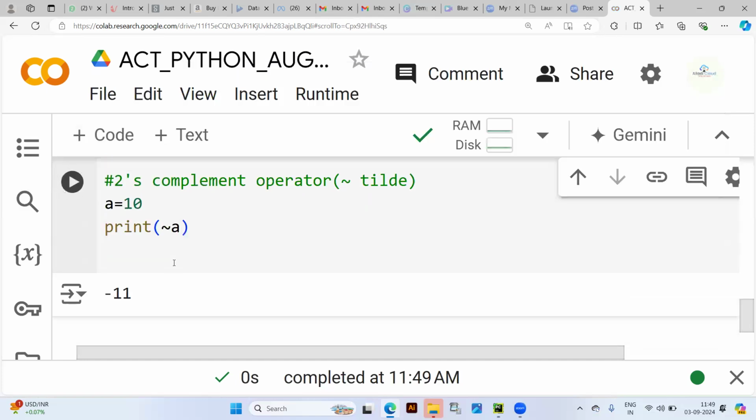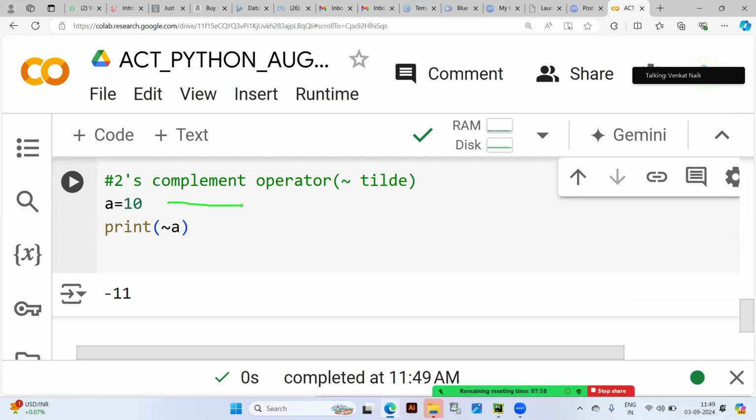You see the output? ఎట్లా వచ్చింది ఇది? 2's complement అంటే మీనింగ్ ఏంటి? 10 యొక్క ఈక్వలెంట్ వాల్యూ ఏంటి? 1 0 1 0. It is the equivalent binary value for the 10.